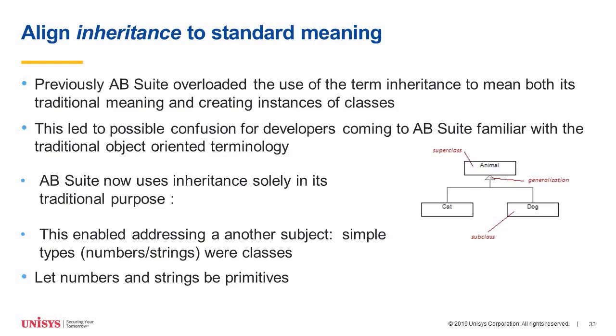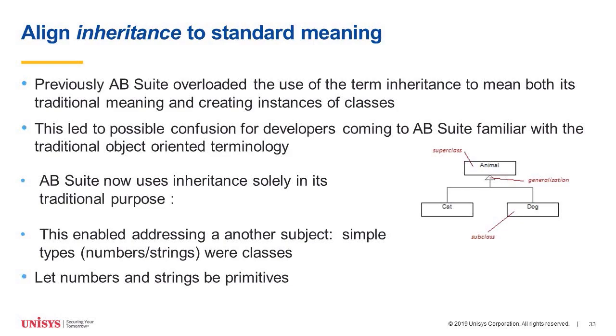So now what we've done is inheritance means what it should mean, and that is inheritance from classes. It's solely on its traditional purpose. It's no longer associated with an instantiating class. Similarly, and somewhat aligned with this, in the previous implementations, everything was a class, and that meant even simple numbers, strings, and whatnot were classes and had internal structure to them.